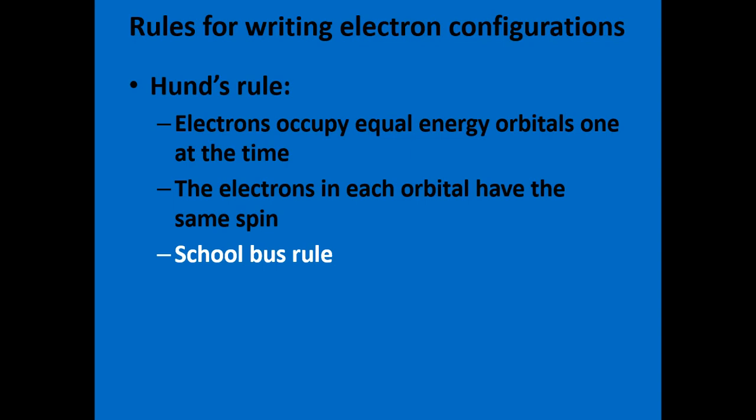This is like Hund's rule, where you have electrons occupying the same energy orbital one at a time, so one seat per electron. And they each sit in the same spot in their respective seats, or they each have the same spin.